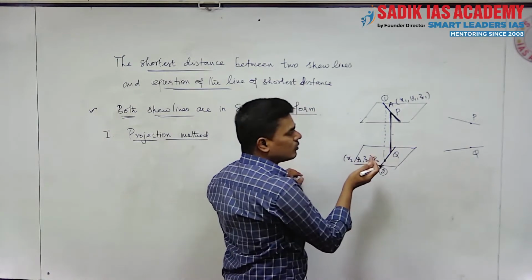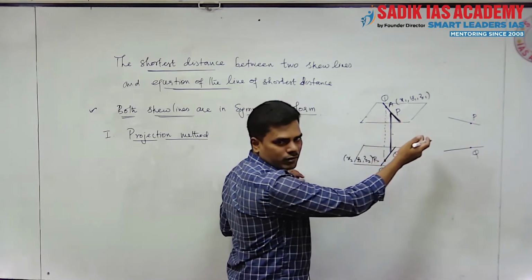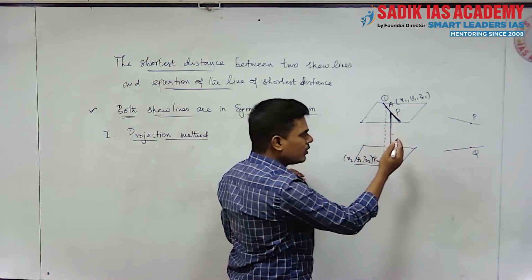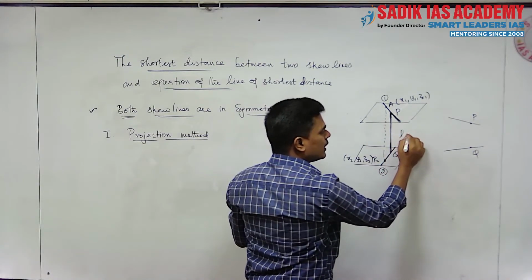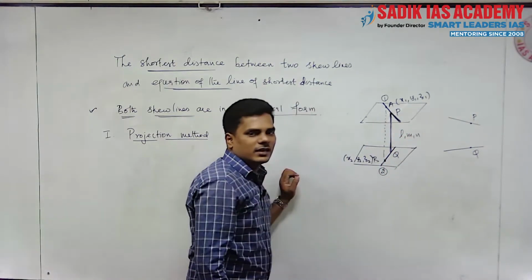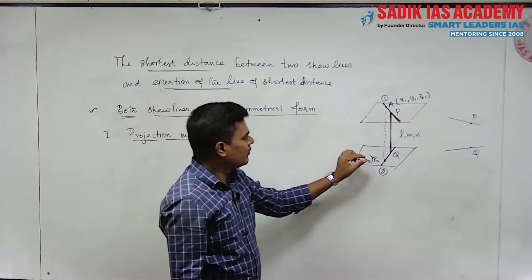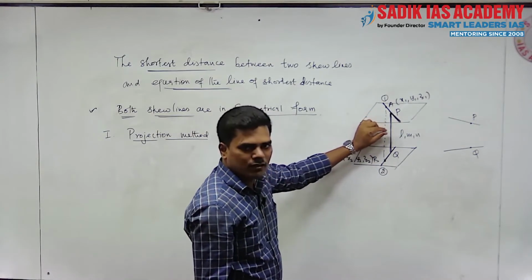What can we do? We can project this line AB on PQ, if the direction cosines of PQ are l, m, n, and we know AB.